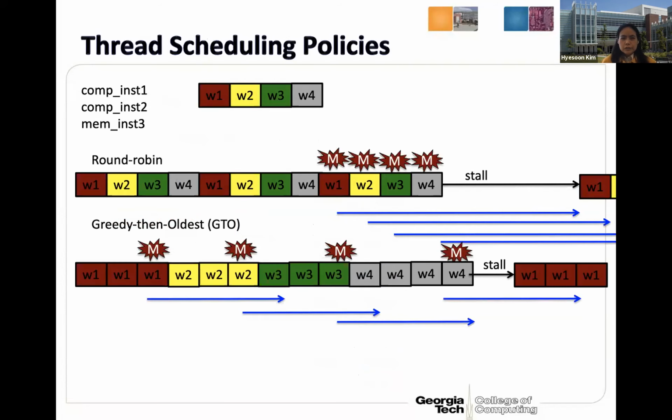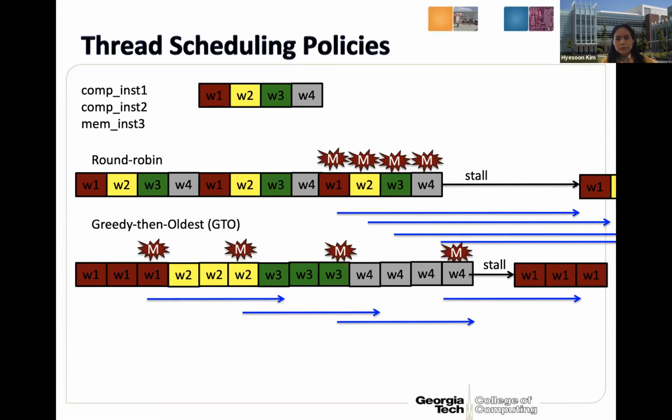And for thread scheduling policies, lots of research has been done to improve them. We've only implemented a simple round robin in our Vortex, and another policy we could implement easily is greedy-then-oldest. In round robin, when you have multiple warps, we just rotate one at a time, whereas in greedy-then-oldest, we execute the oldest one first until there is an event that prevents further execution, such as a cache miss.